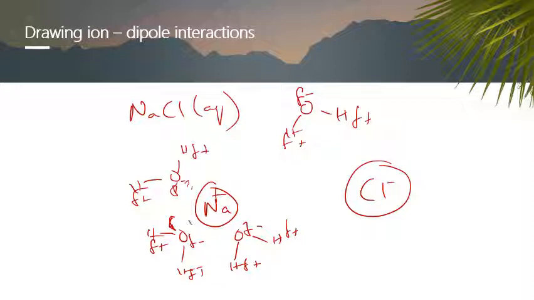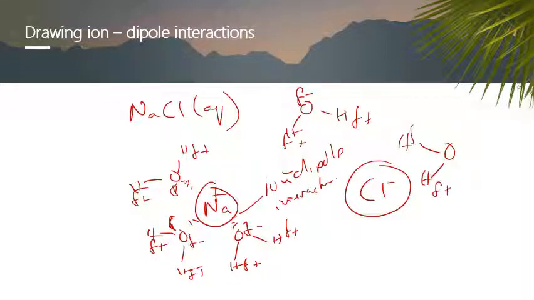And then this is the ion-dipole interaction. For chloride, of course, the more positive hydrogen will point towards it. And that's the ion-dipole interaction.